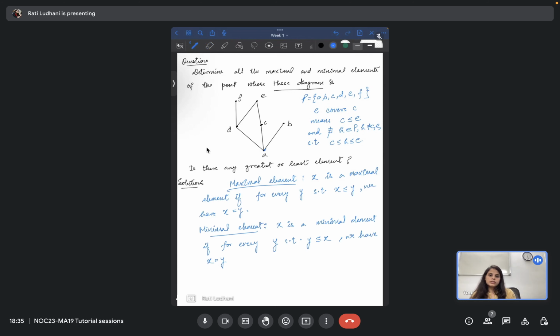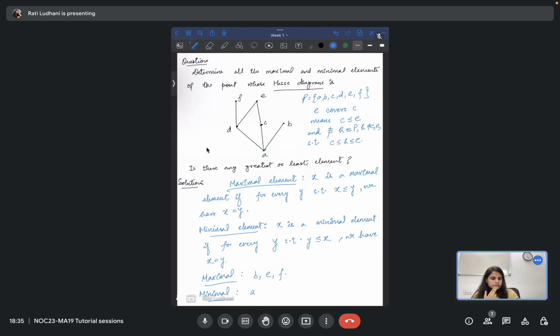Okay, so can you tell me from these definitions what are your maximal elements and what are minimal elements? Maximal are B, E, F, minimal are A and D. Come again, sorry. Maximal are B, E, F. Exactly, B, E, F. Minimal are A and D. D for Delhi.